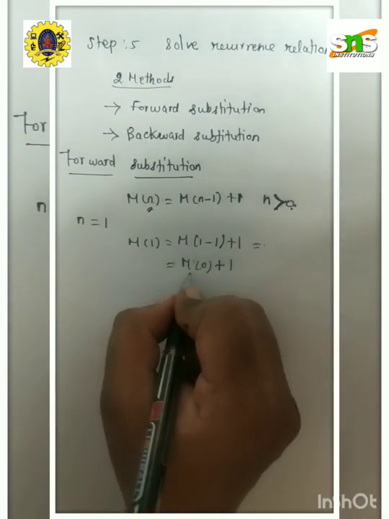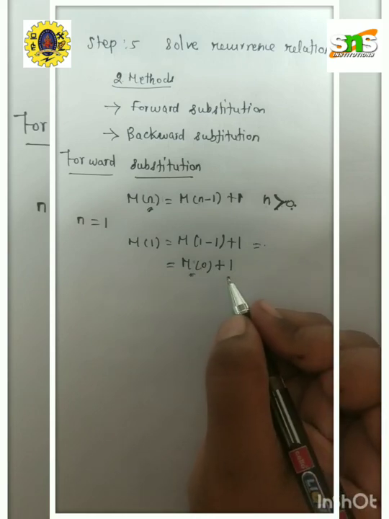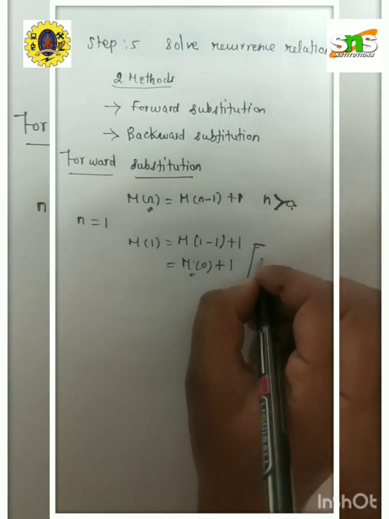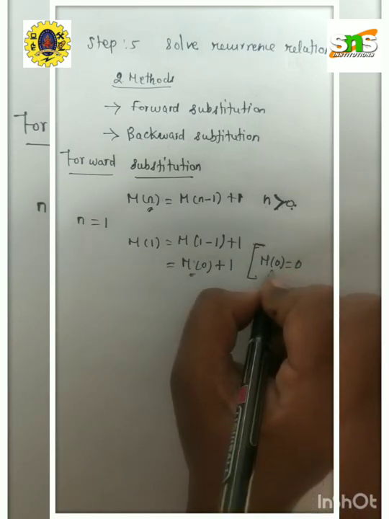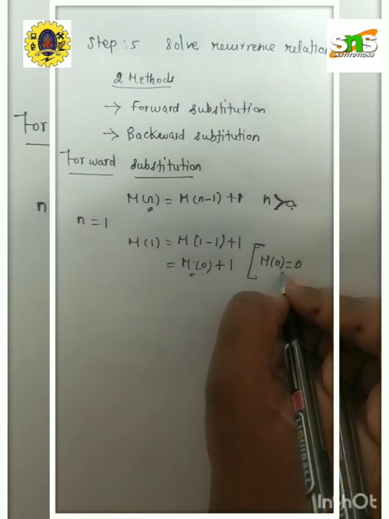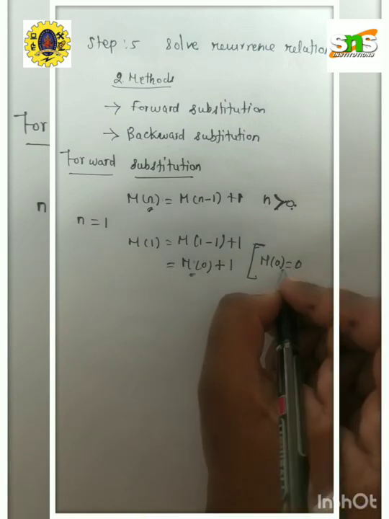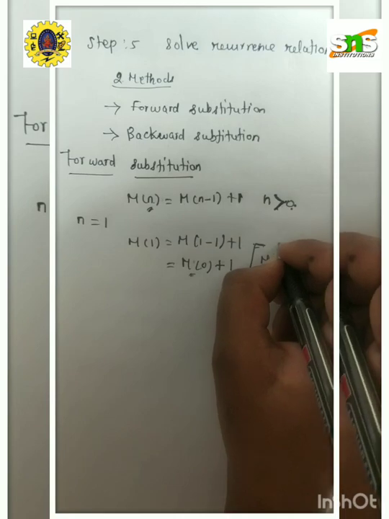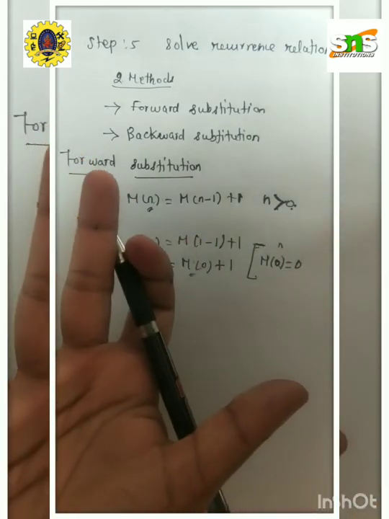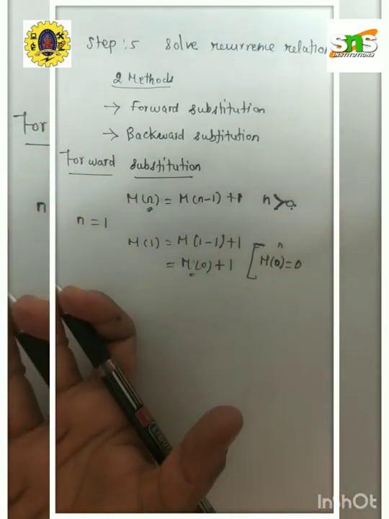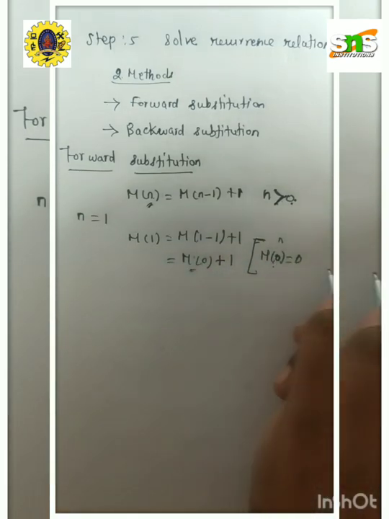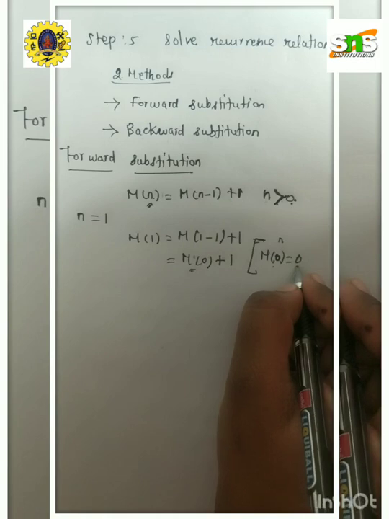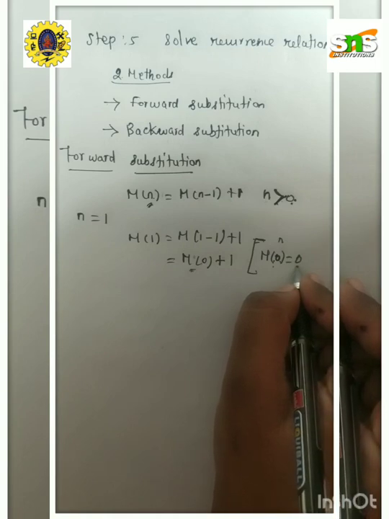So you want to replace m of 0 with some value, no? Here m of 0 is equal to 0. Why am I writing like this? Can you judge? Because n equal to 0 means no multiplications. No basic operation will be executed, right? So m of 0 means the n value is 0, and there is no multiplication performed.